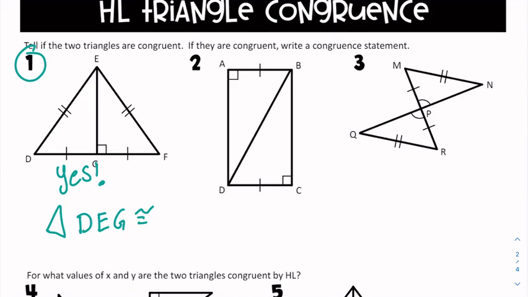Now, the angle congruent to D is F, so I have to start with F. F-E-G. So triangle FEG. Okay, do the same things on numbers 2 and 3. Make sure you determine, is it a right triangle? Do you have a hypotenuse congruent? And do you have a leg congruent?